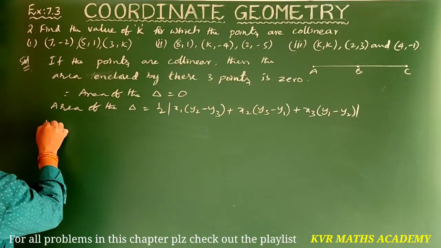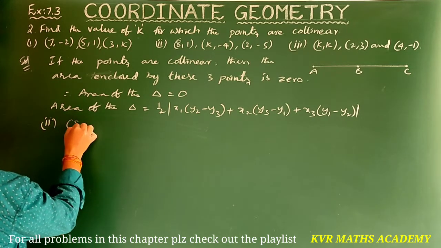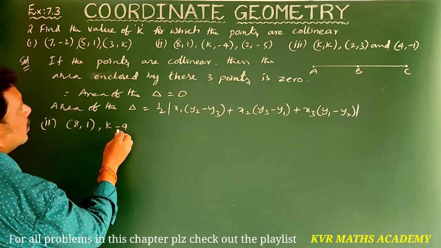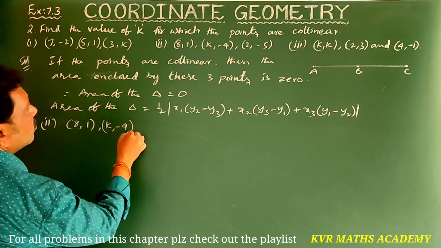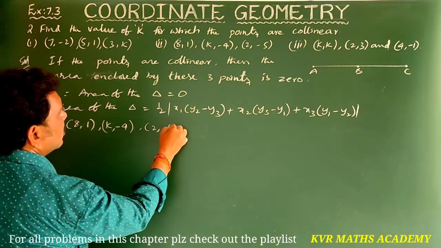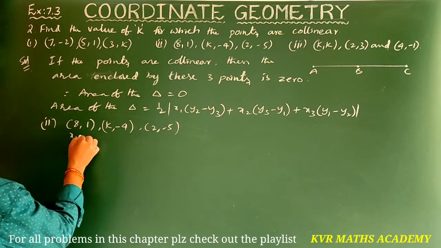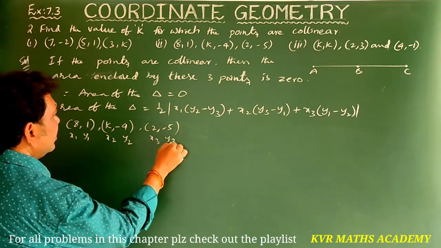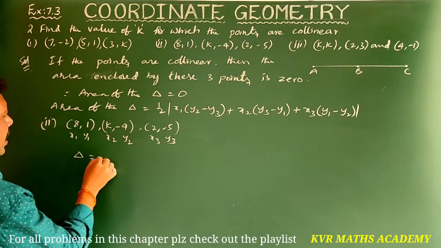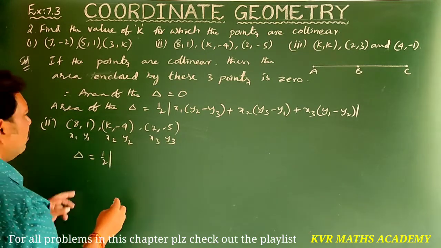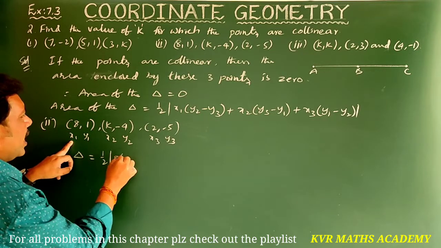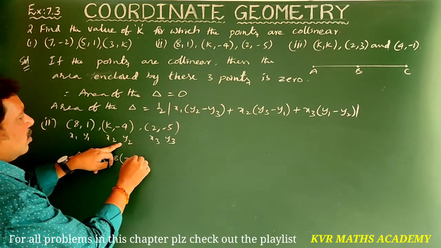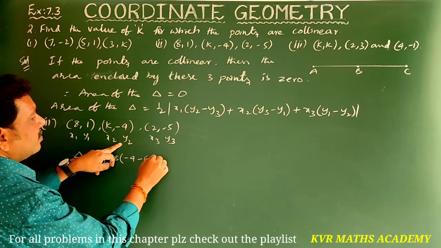Next, second problem. Second one is 8 comma 1, k comma minus 4, and 2 comma minus 5 have been given. So these are x1 y1, x2 y2, x3 y3. So area of the triangle delta is equal to half modulus of x1 into, 8 into y2 minus y3. y2 means minus 4 minus of minus 5.